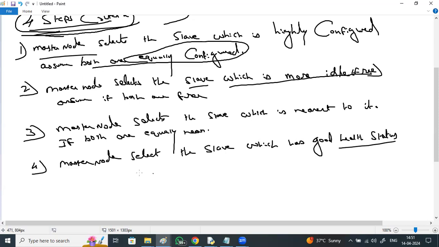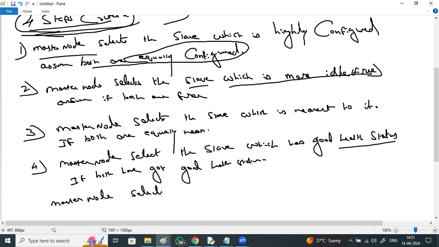So in such case, which has got good health status, to that you can assign. If both have got good health status, then master node selects any one slave randomly. In the extreme case, master node selects any one slave randomly.